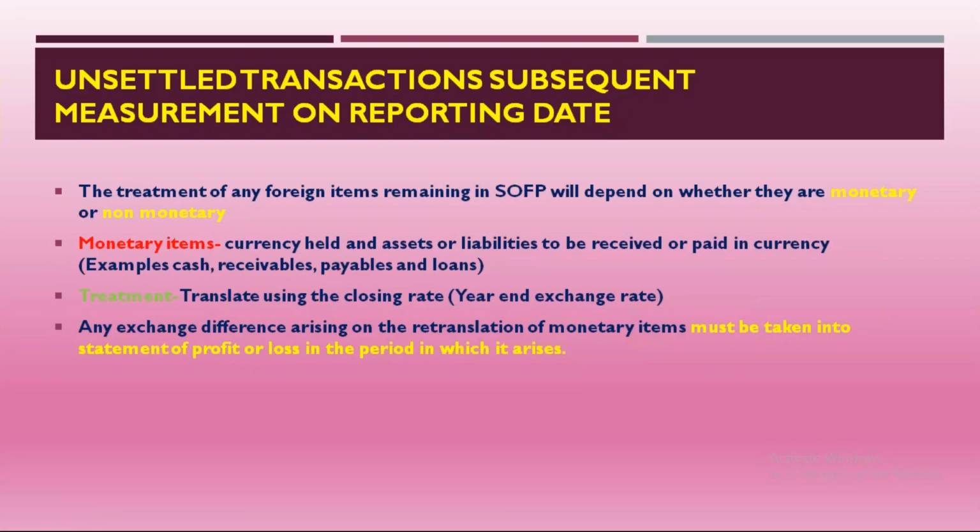Monetary items take the closing rate on the day of the reporting, 31st March, and any difference arising from converting must be taken into the P&L. So remember, it's not yet settled, it's not yet realized, but still we take it to the P&L. I remember I sent you a note about what appears in the other comprehensive income and what appears in the main P&L.